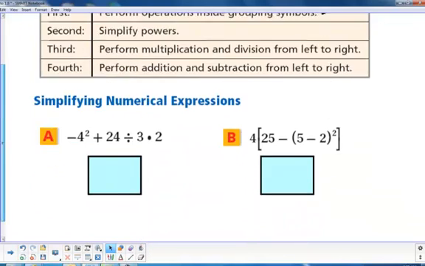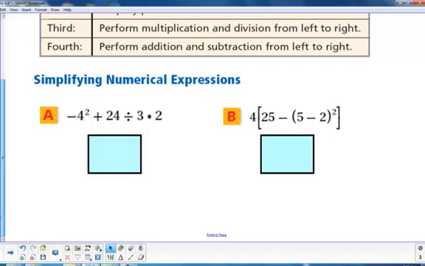So we're going to use order of operations and try to simplify these two problems. Go ahead and try letter A. Hit pause.